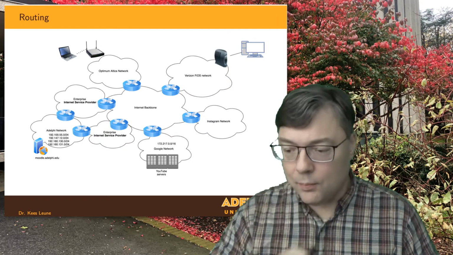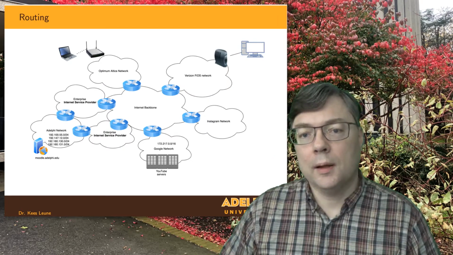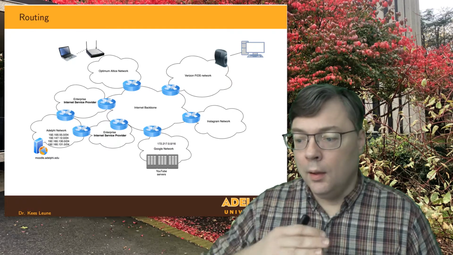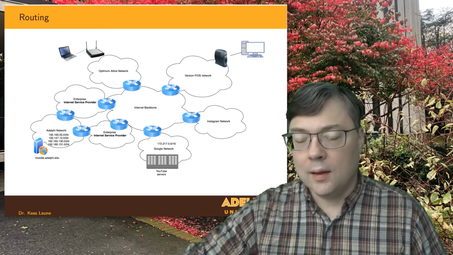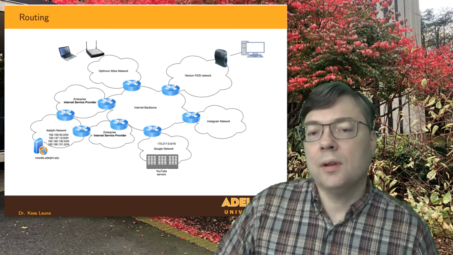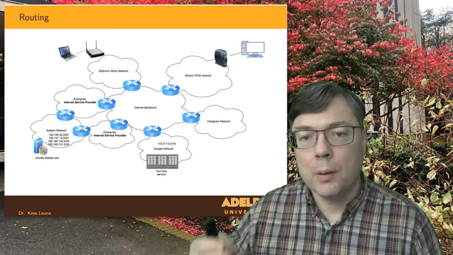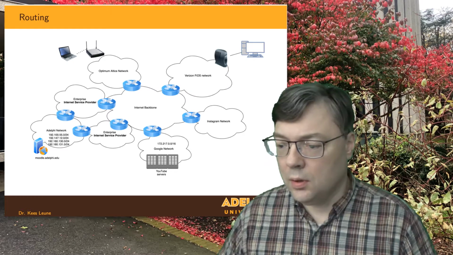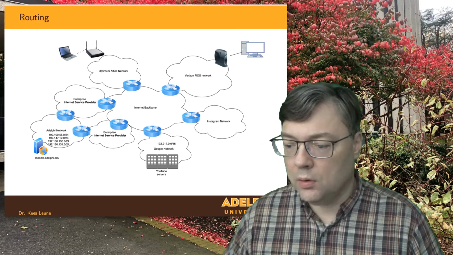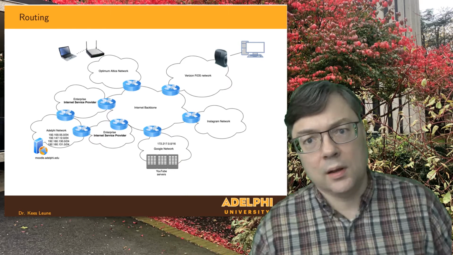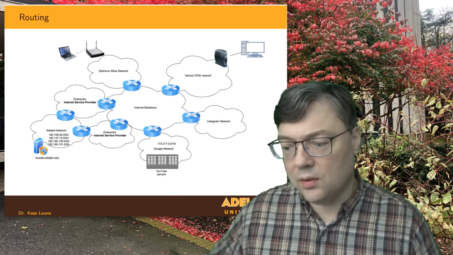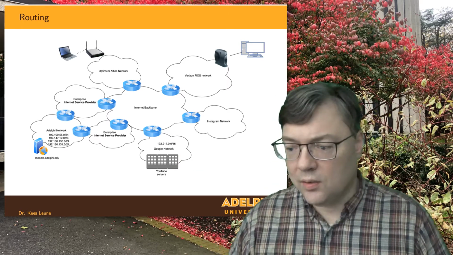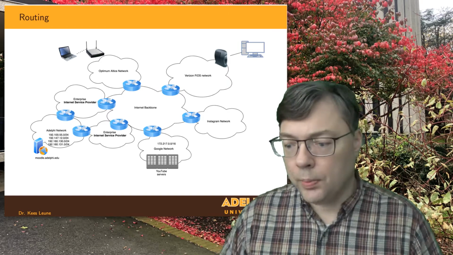Now, let's take a slightly more in-depth look at this. Let's say that I am at Adelphi. Adelphi actually has 4 public networks, IP address ranges, 192.100.something.something, 192.160.something.something. The numbers are on the slides. It's really not that important what they are.